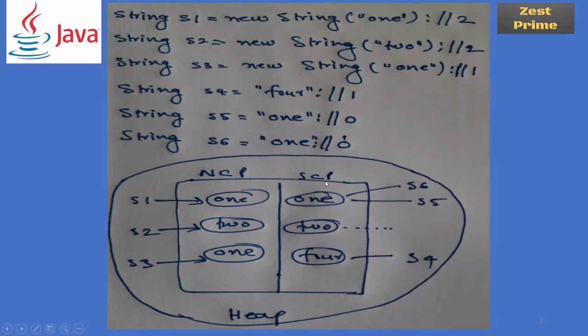But like I said, the string constant pool and non-constant pool are both part of the heap, and the heap is part of the JVM architecture that we discussed previously. This is a very important concept to understand when we are working on a project, and how memory is used while the application is running, so that we can avoid out of memory conditions and take care of our application.